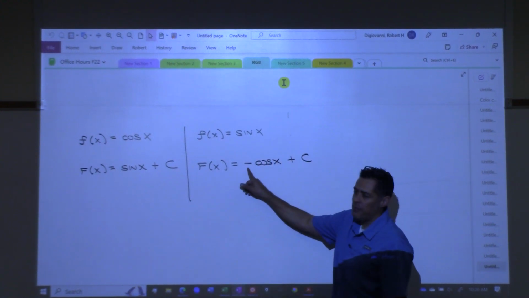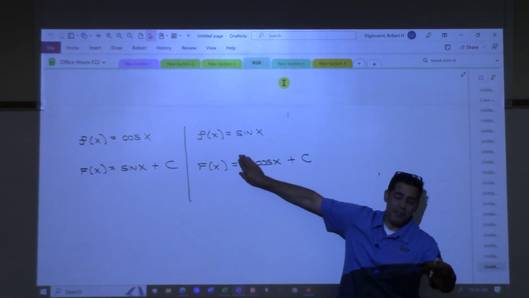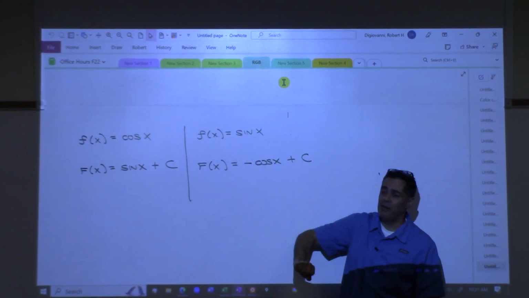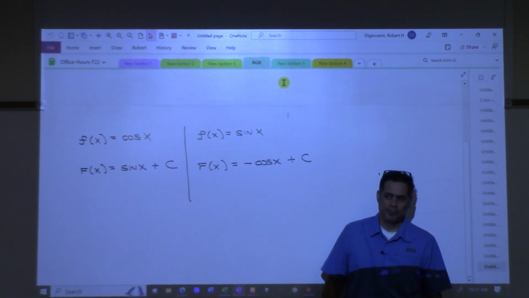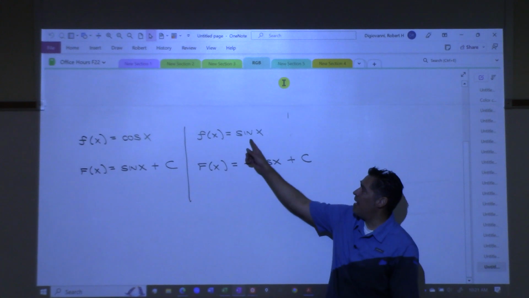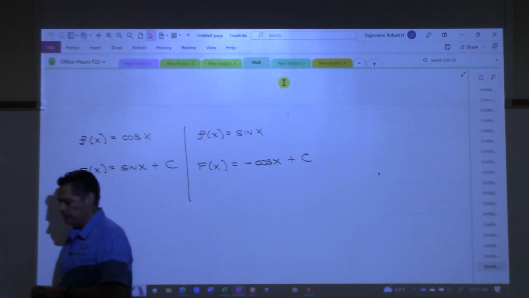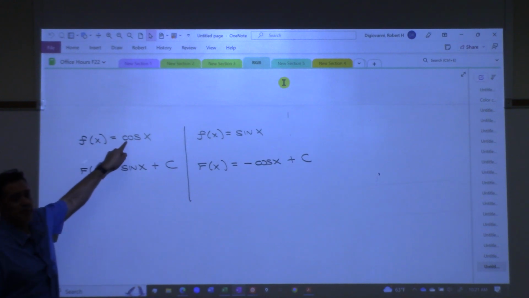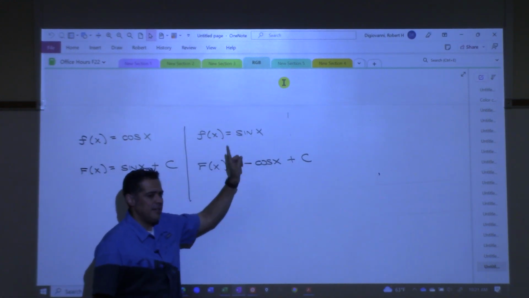See, we have to put a negative in front because if I took just cosine, the derivative would be negative sine. I want it to be positive sine, so I put a negative in front, and now I get a double negative. So the antiderivative of sine is negative cosine. Let's say that again. The antiderivative of cosine is sine. The antiderivative of sine is negative cosine.